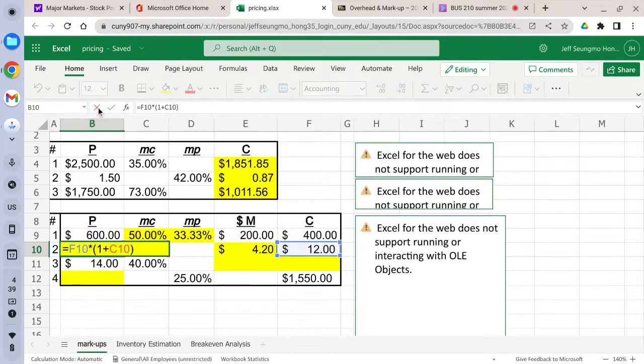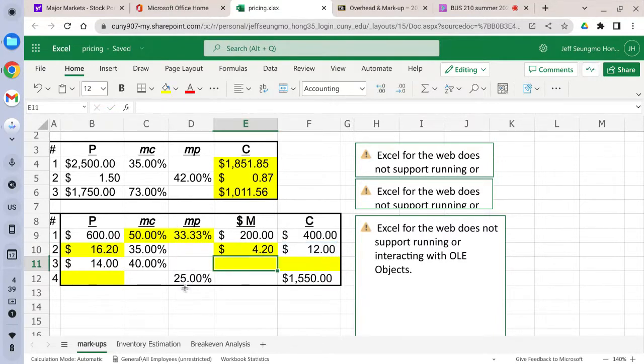And next, here. Price is 14. Markup rate is 40% based on cost. Then, cost is what?